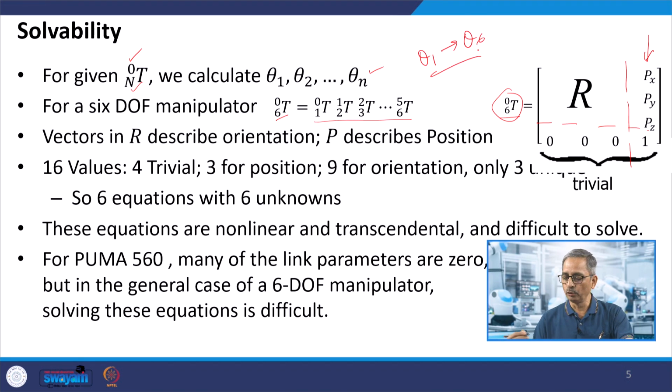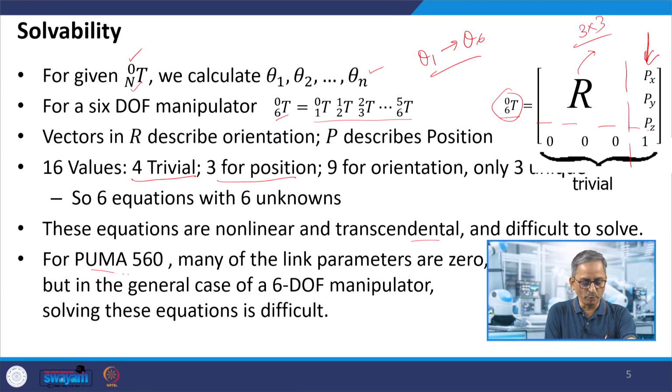Out of these 16 values, 4 values are trivial, 3 values are for the position, and R is a 3 by 3 matrix with 9 values, of which only 3 are independent. So essentially we have 3 plus 3, that is 6 equations with 6 unknowns, and this way we can solve for all 6 joint angles. These equations are non-linear and transcendental and difficult to solve.